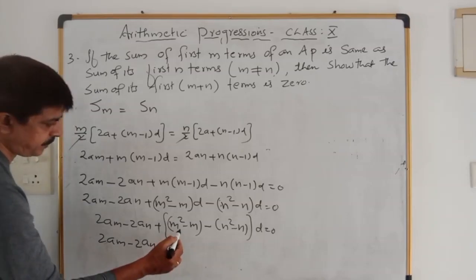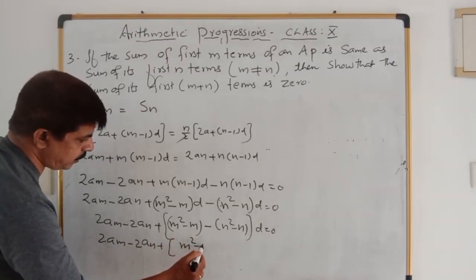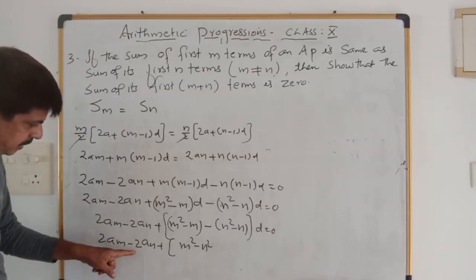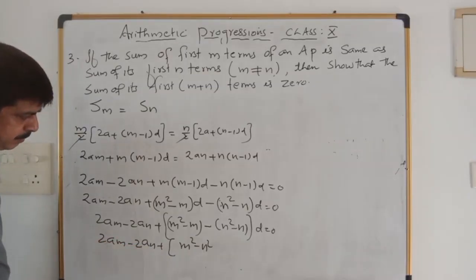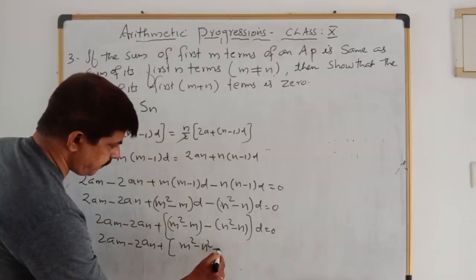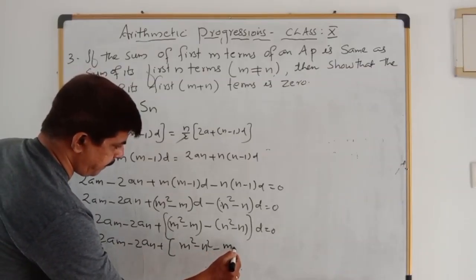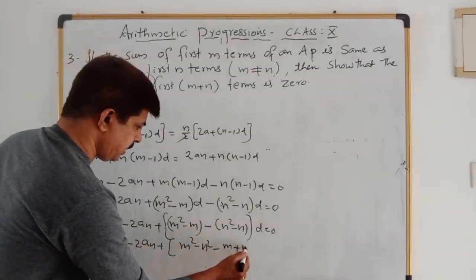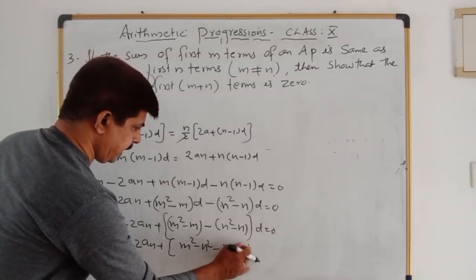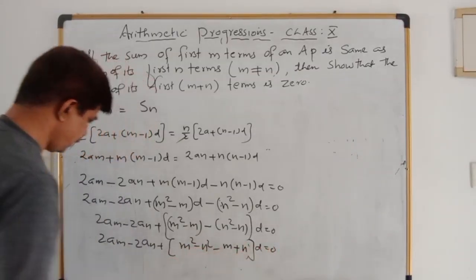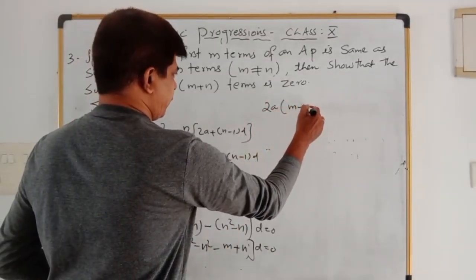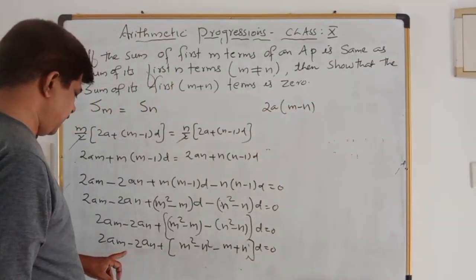We are combining m square and n square together. If you take 2a common in the first terms, we will be getting (m minus n) in the bracket, minus (m plus n) into d, equal to 0. So here we are taking 2a common, bracket m minus n.